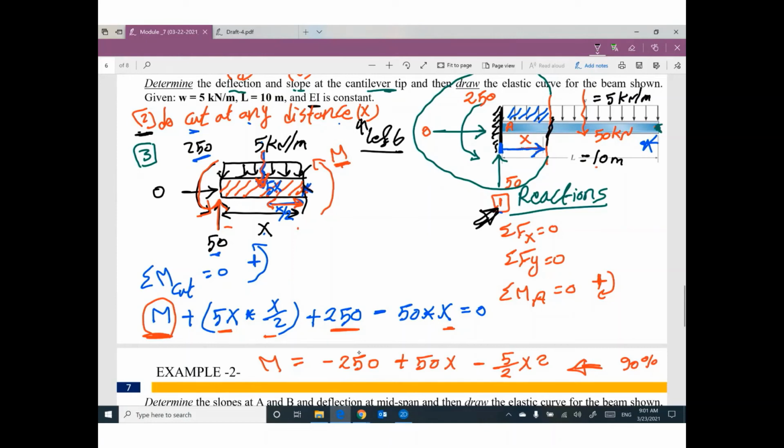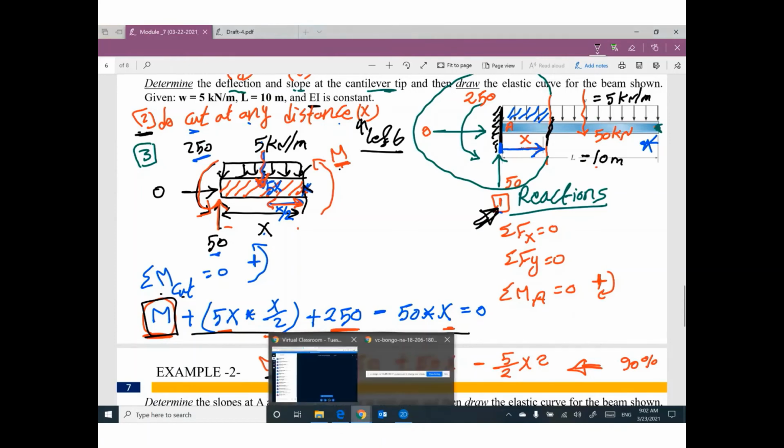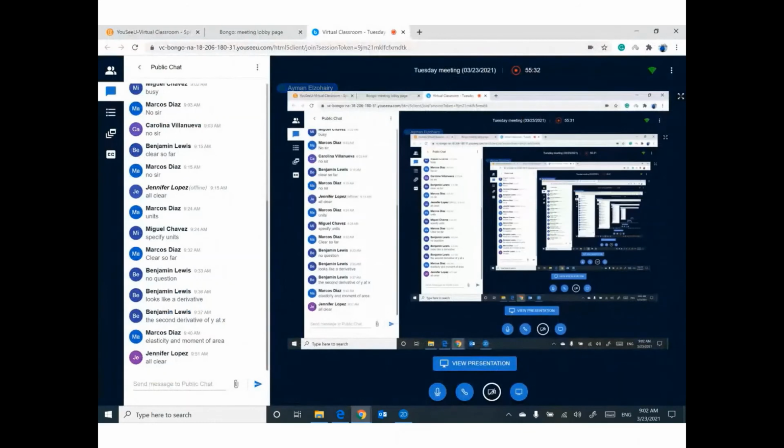At your cut, we have a moment. Get the summation of moment at the cut. We have M, we have this force times distance, we have this moment, we have this reaction times distance. So I set up the equation. I will put the value M on one side and everything else in the equation on the other side. If you have any question, please let me know.